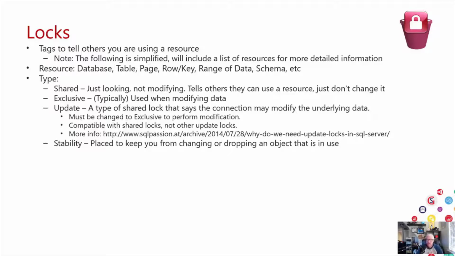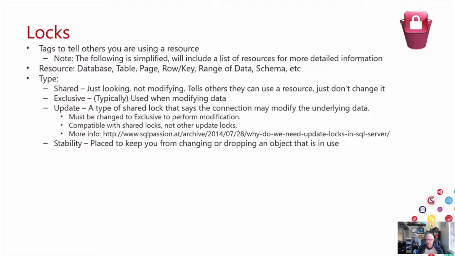There's a shared lock that says, hey, I'm looking at this data, but I'm not planning to make a change to it. There's an exclusive lock, which is typically used when you're making modifications. You can put these locks on using a hint, but they behave a little differently when you're using hints than when you're using just regular isolation levels. There's an update lock, which says, I'm planning on making changes to these rows, so I'm scanning for the rows I'm looking for.